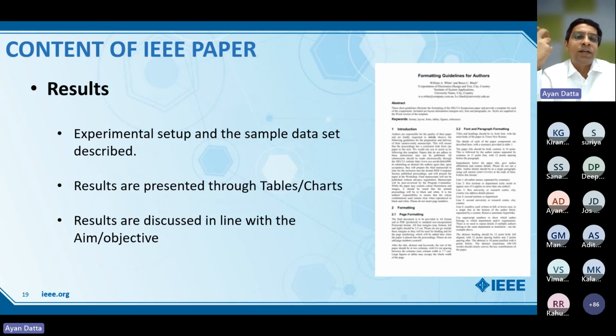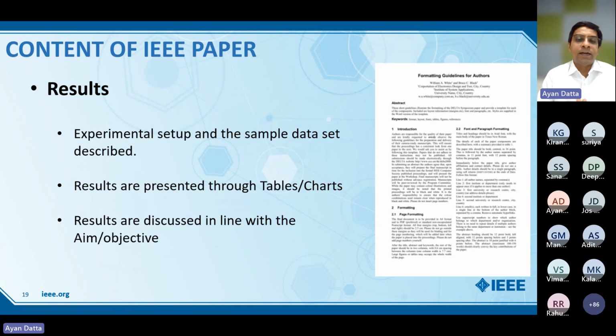If you think the sample data set is not enough, maybe the author needs to expand it to consider a few more data points which will cover it even better. Then feel free to provide that feedback as well. So the feedback is not just about the result, it is definitely about the experimental setup and also the sample data set which the author is talking about.